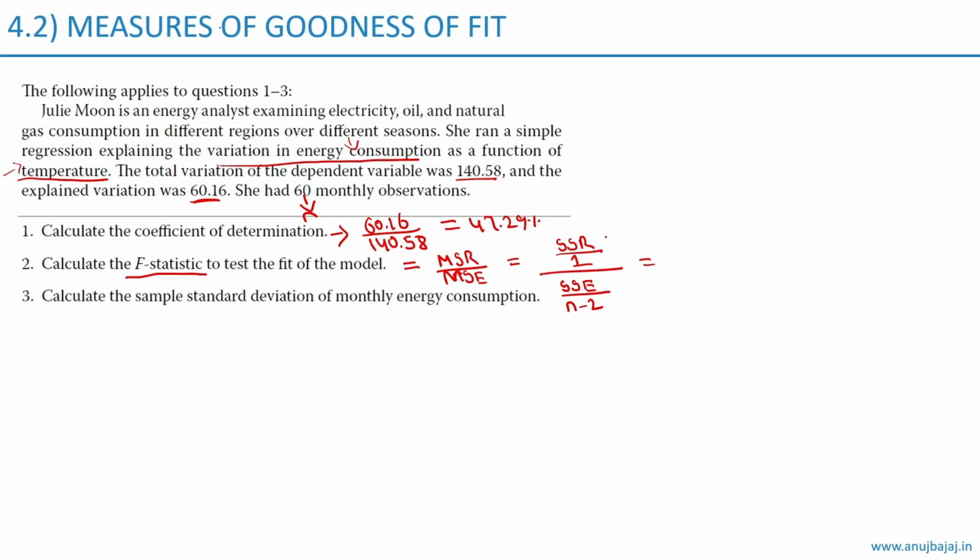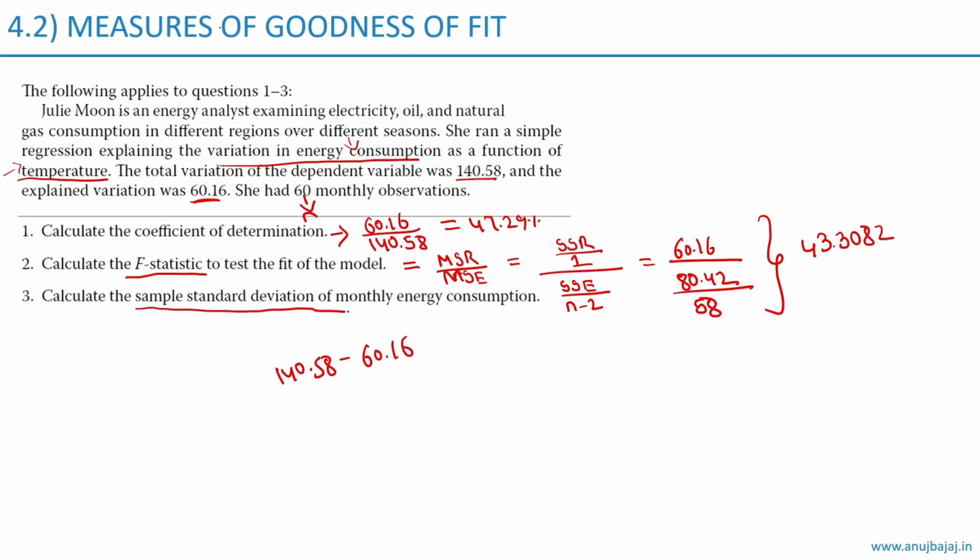Sum of squares regression is the explained variation, which is 60.16, divided by sum of squares error, which is 140.58 minus 60.16, which is 80.42, divided by 58. So the F statistic that we get is 43.3082.